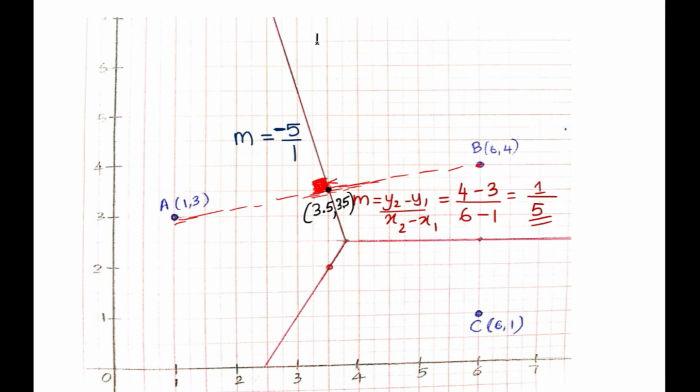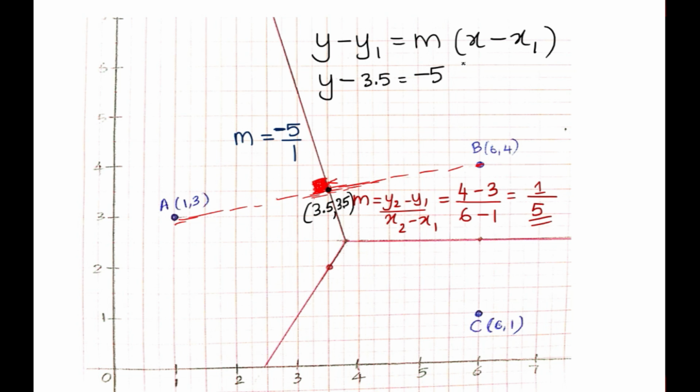Going to the straight line equation, y minus y1 equals m times x minus x1. For this line, y minus 3.5 equals m, which is negative 5, times x minus, again, 3.5.